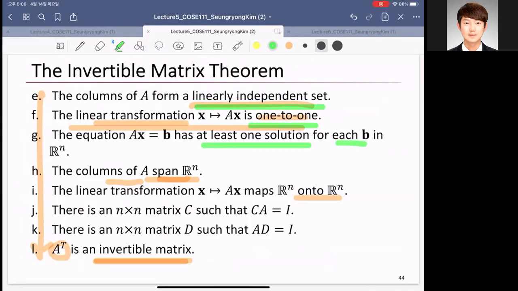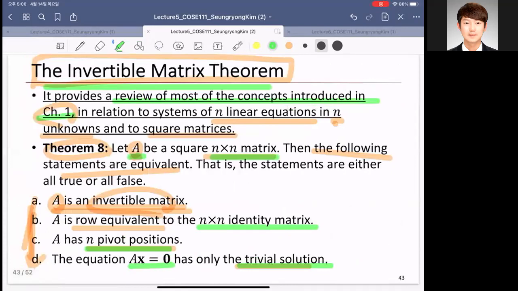The columns of matrix A span R^n. The linear transformation x to Ax maps R^n onto R^n. There is an n by n matrix C such that CA = I, and a matrix D such that AD = I. And A transpose is an invertible matrix. Such statements either all hold true or are all false.